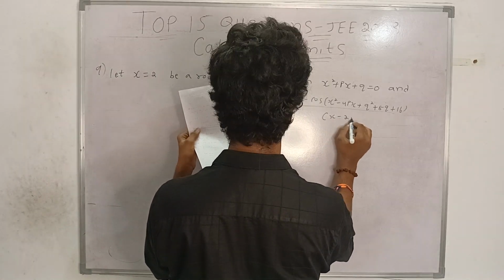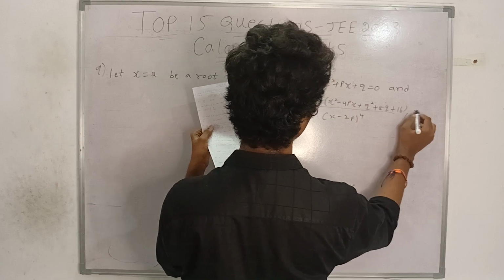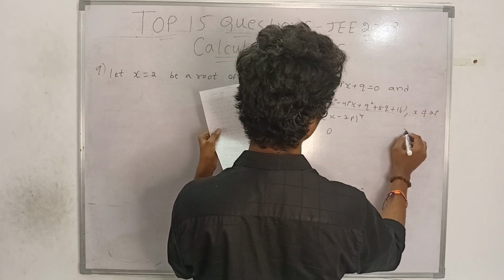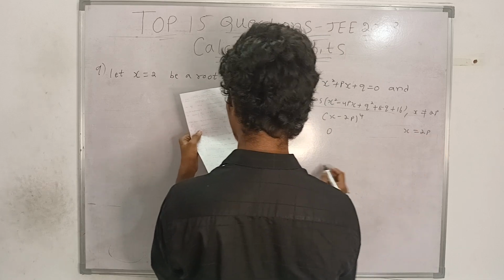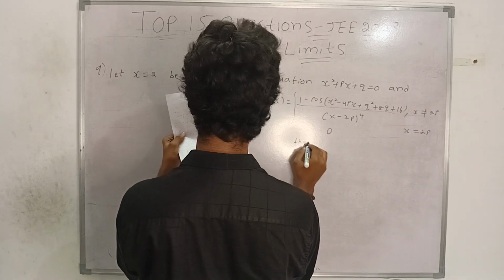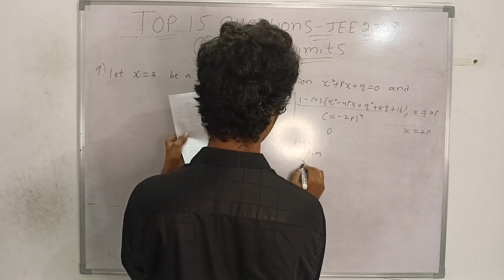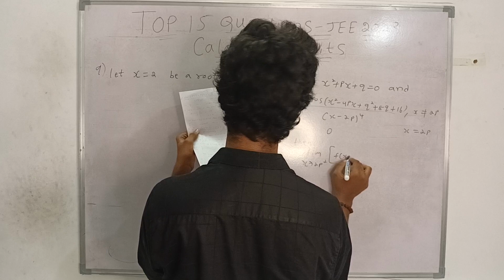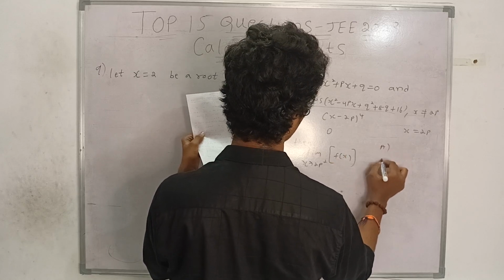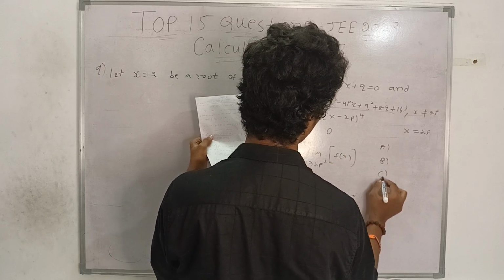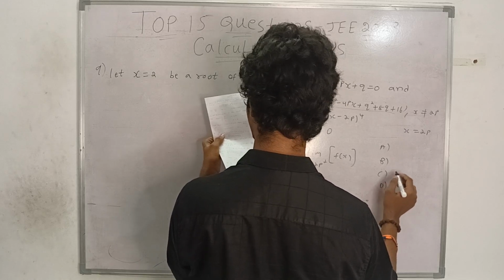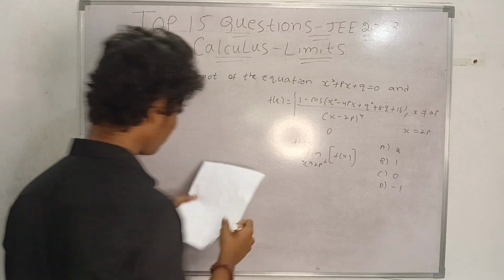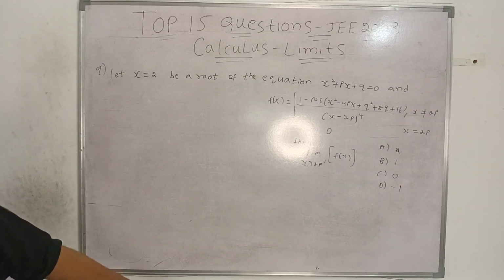It can be solved so easily when you think logically. Then limit x tending to 2p plus, options 2, 1, 0, minus 1. So basically this is the complete question.